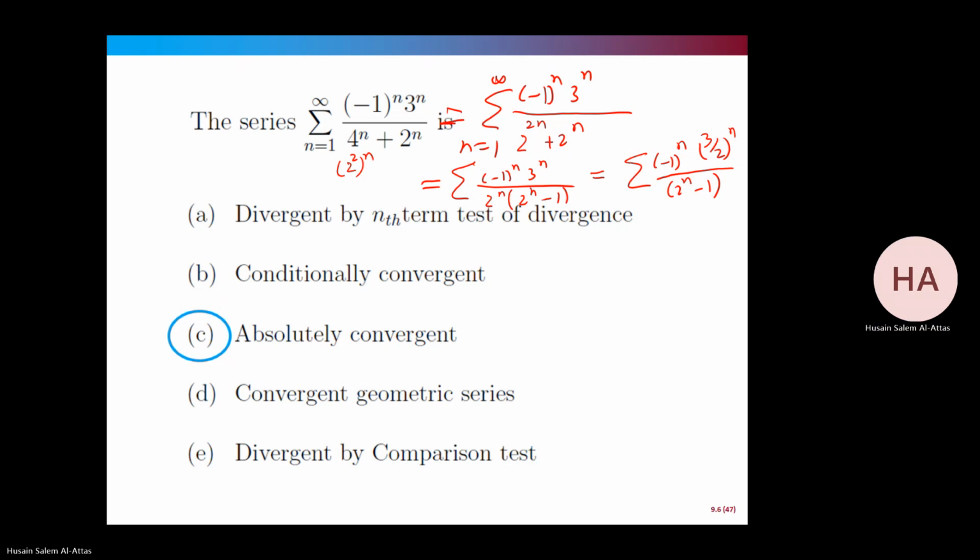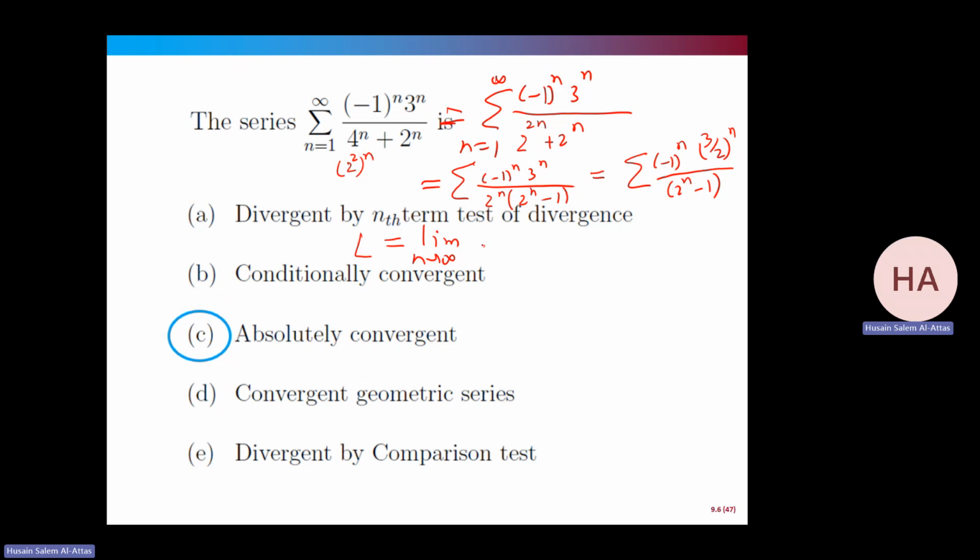Okay, so let me do the ratio test and see what will happen. L will be equal to the limit as n goes to infinity. The minus 1 will be killed by the absolute value, so no need to be bothered.